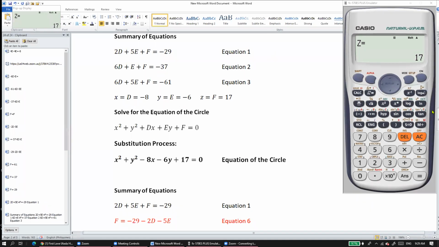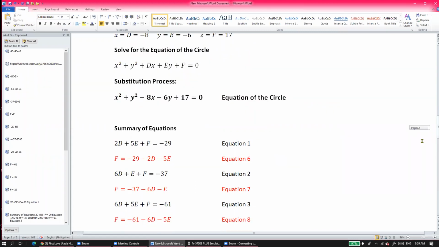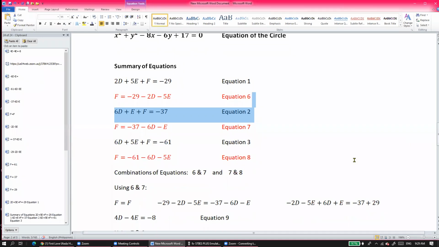Tama naman. Okay. Tingnan natin maigi. Kinapi-paste ko lang yan. 6D minus E. Tama naman. Minus 6D minus 5B. Tumama naman. And then we have equated negative 29 minus 2D minus 5B to negative 37 minus 6D minus E. Negative 2D minus 5B, transpose yung dalawa, plus 6D plus E, negative 37 plus 29.